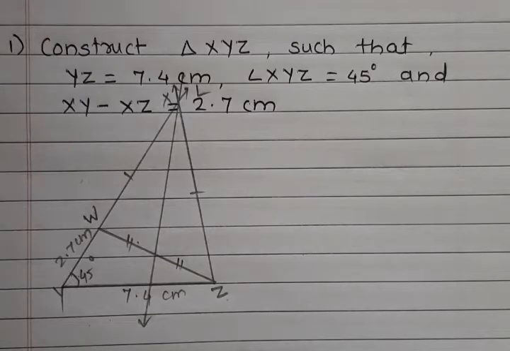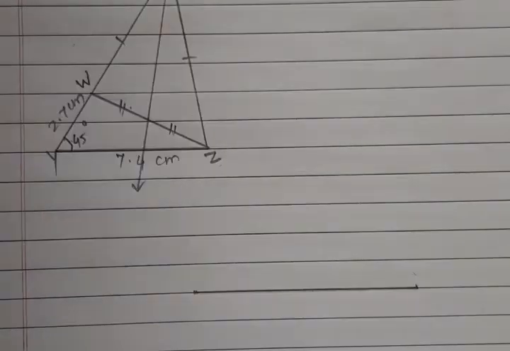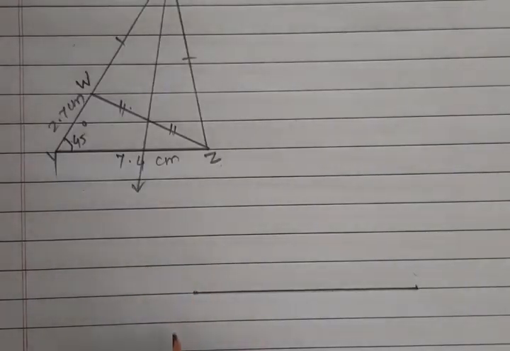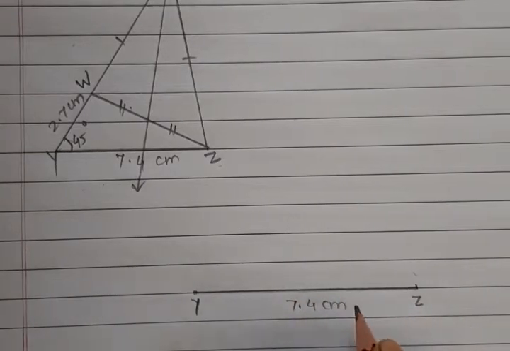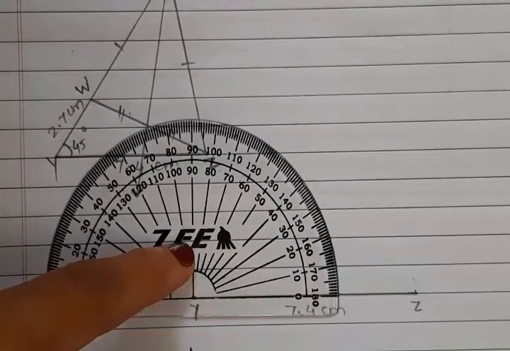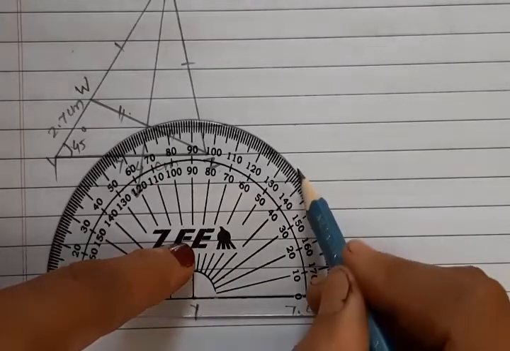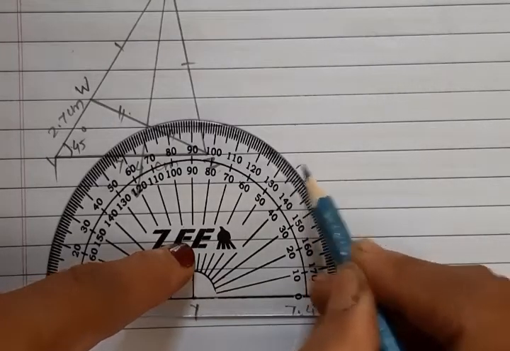First of all, everyone draw the 7.4 cm segment as YZ. See here, 7.4 cm segment, give the name YZ. Now keep the protractor at Y and draw an angle of 45 degrees.